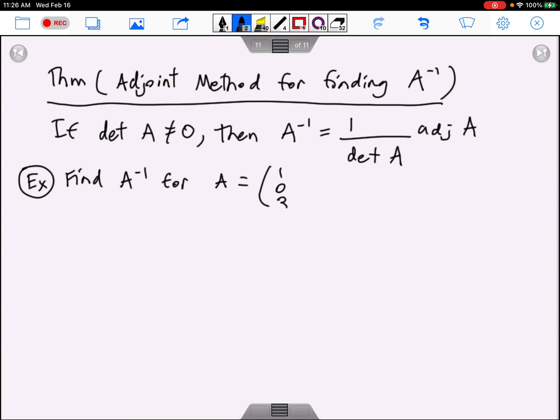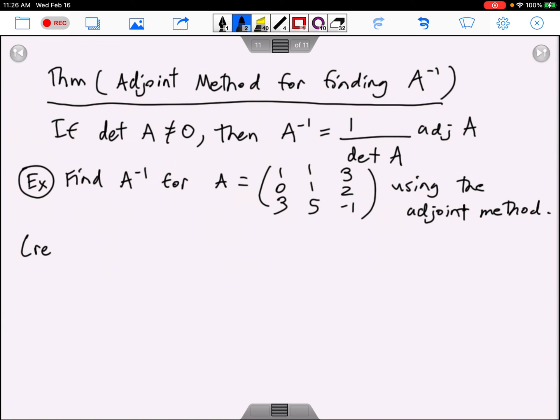A equals 1, 0, 3, 1, 1, 5, 3, 2, negative 1, using the adjoint method.